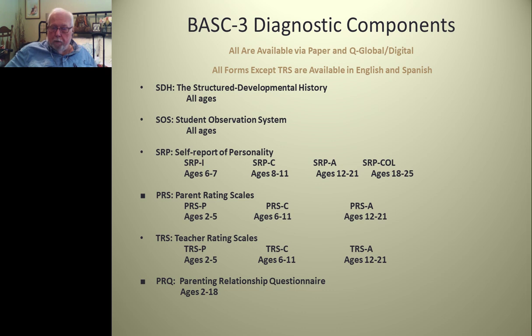That normative sample is not a random sample at ages 19, 20, and 21 of the population at large. It is a random sample of 19, 20, and 21-year-olds who are still in school.